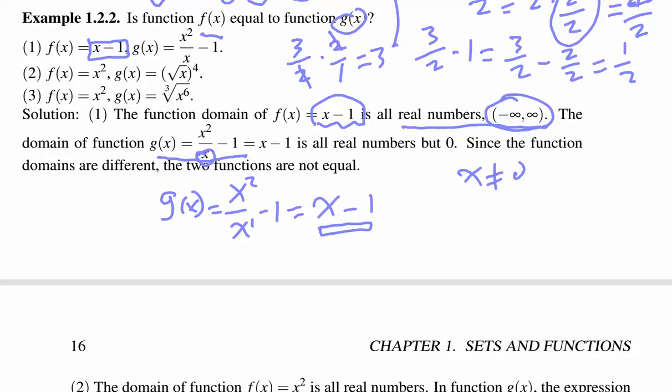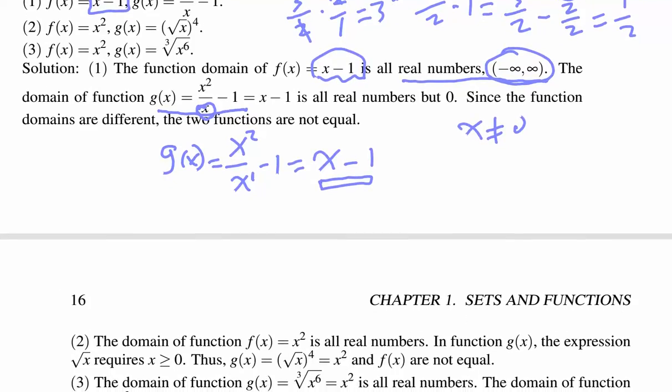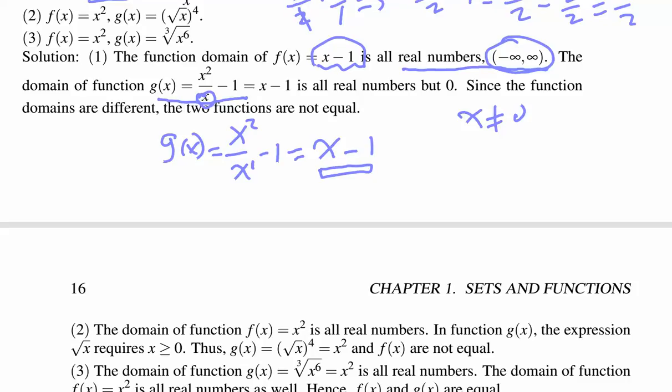Okay. Now let's see the second one. The second one is similar, because the domain right here is all real numbers for x squared. You put any number here, it makes sense.